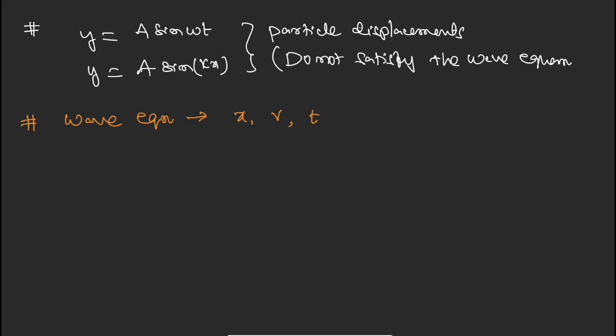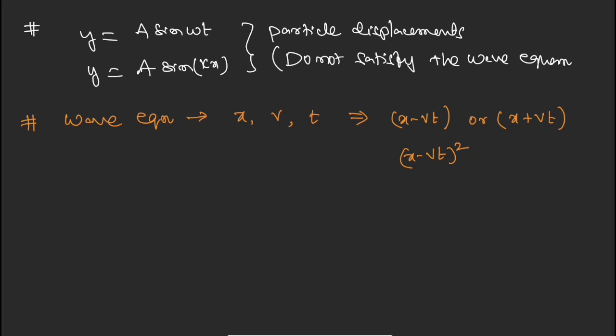So it must appear in the form x − vt or x + vt. We can also write (x − vt) whole squared.